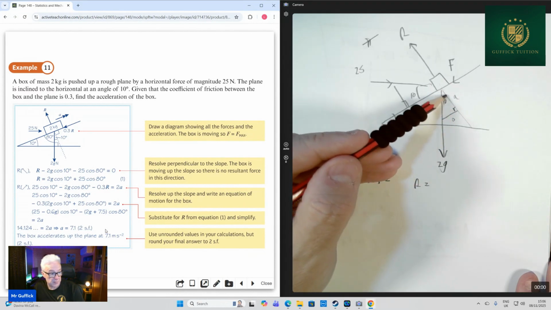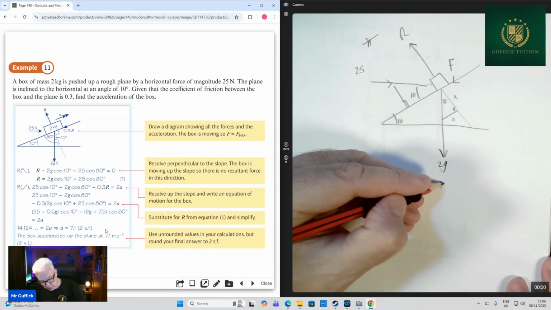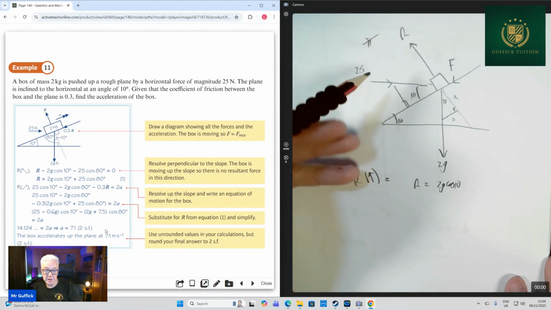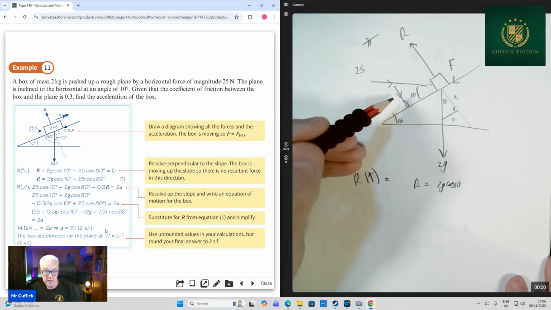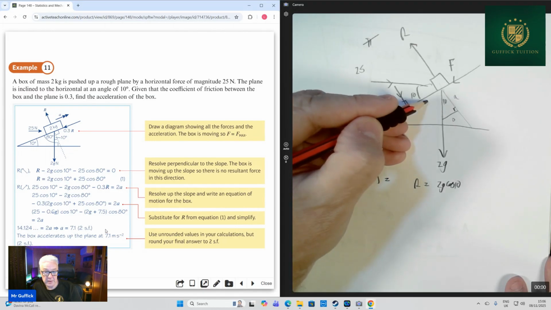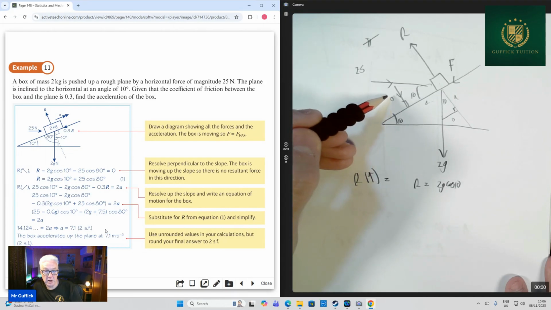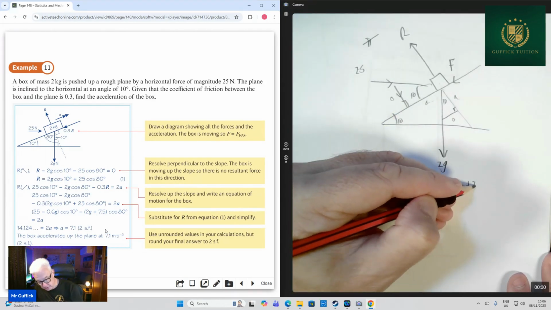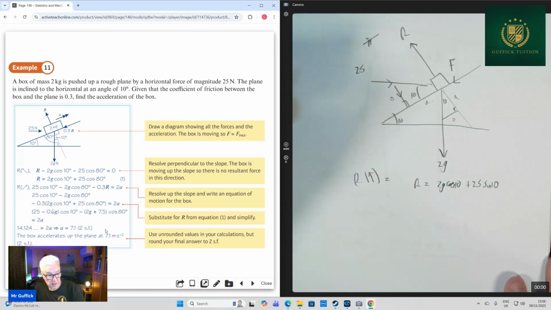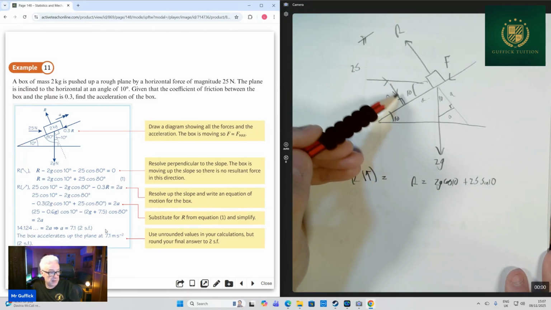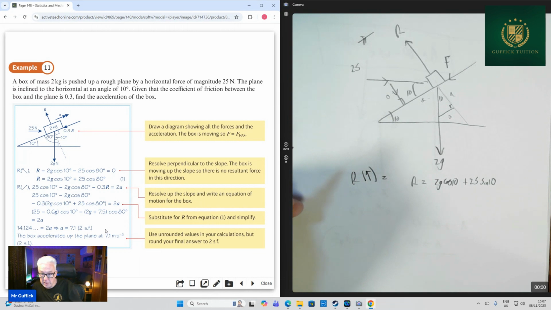The component of this force pushing the object into the plane is 25 times sine of 10, because that's the opposite and that's the adjacent in this right angle triangle. So it's plus 25 sine 10. They've written it as cos 80 in the textbook, but I've written it as sine 10 from this triangle. I hope that makes sense. So that's our equation for resolving perpendicular to the plane.